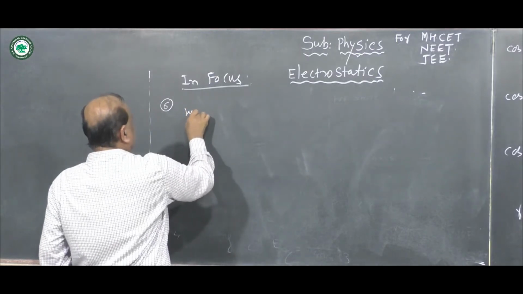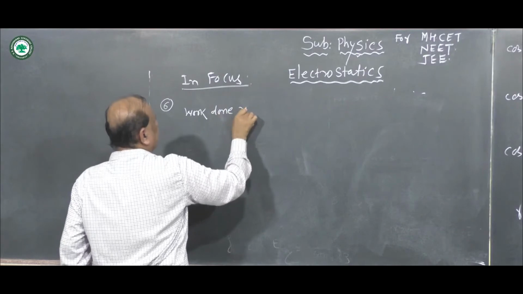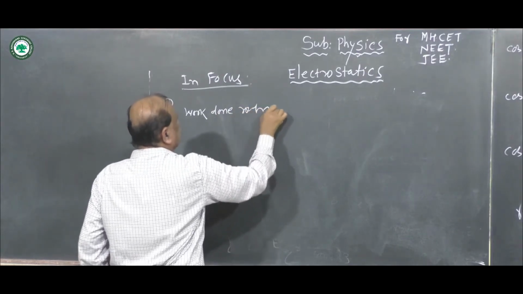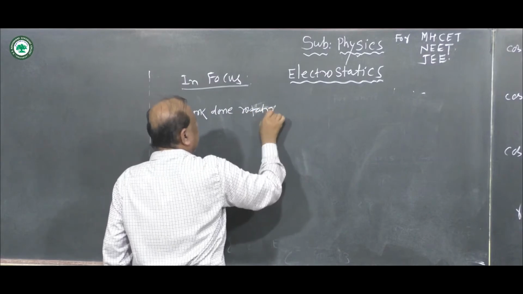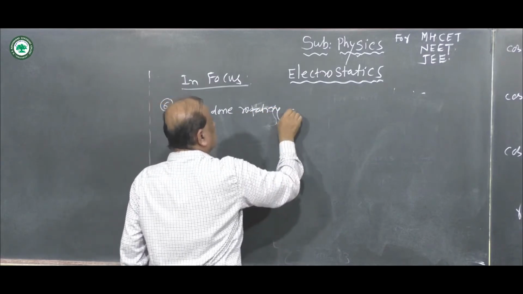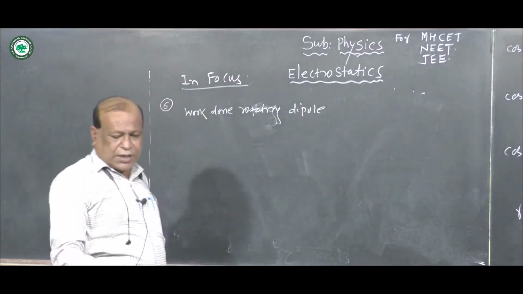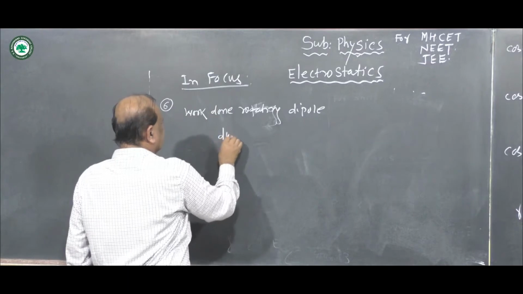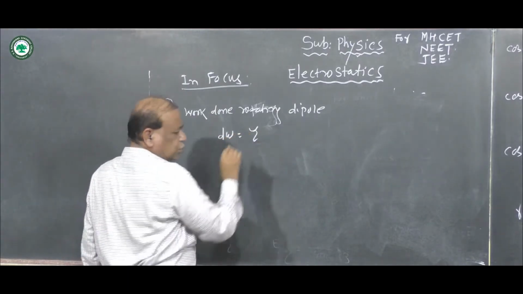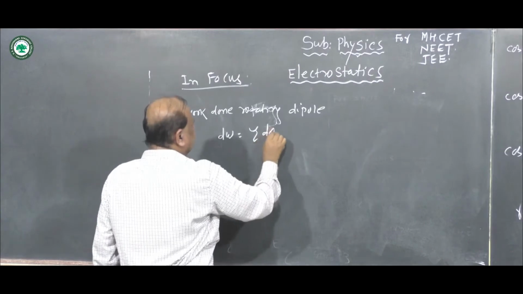That work done in rotating that electric dipole, that work will be dW is equal to tau d theta.